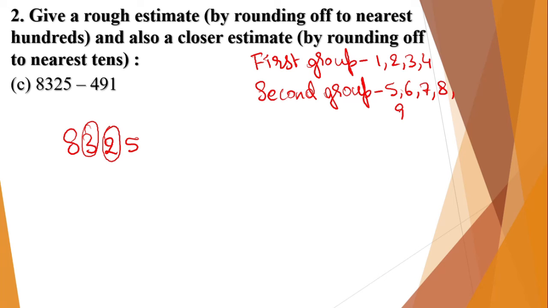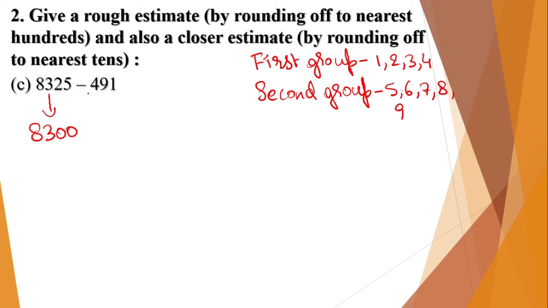Now you can see 2 is in the first group. So if the number is in first group, no changes. 8 will be as it is and 3 will also be as it is because 2 is in the first group. But 2 and 5 will become 0. So we will get 8,300. So 8,325 rounded off to nearest hundreds will give us 8,300.